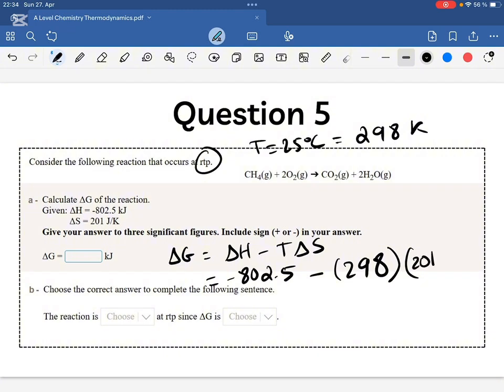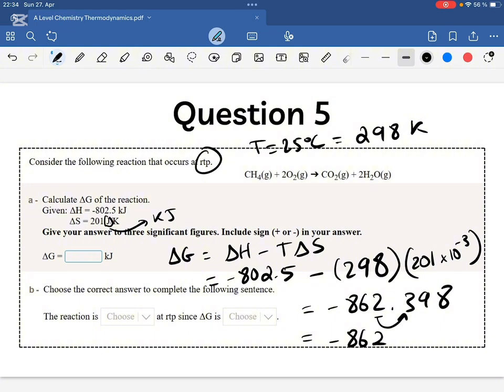However, it's going to be 201 times 10 to the power of minus 3, because this is in joules and we need to make it in kilojoules, so you have to divide by 1,000. And so the final answer is going to be equal to minus 862.398. However, they need the answer to three significant figures, so it's going to be minus 862 kilojoules.